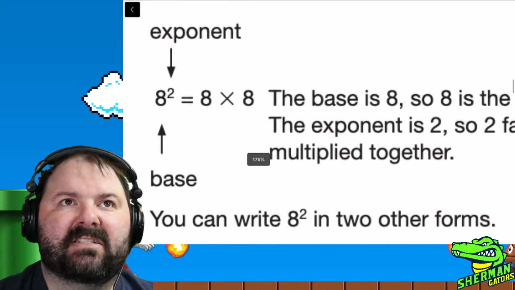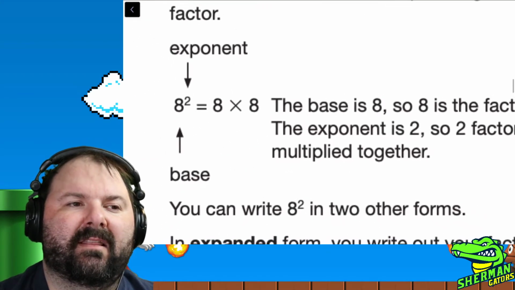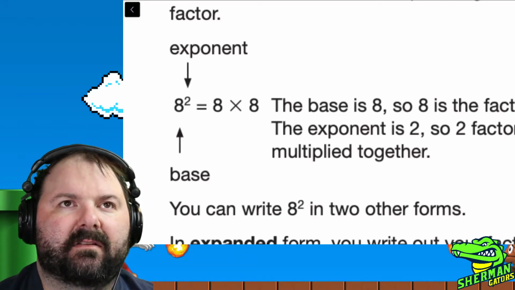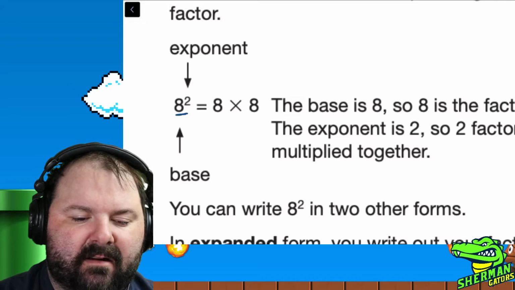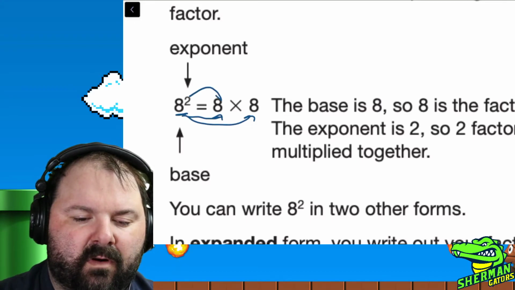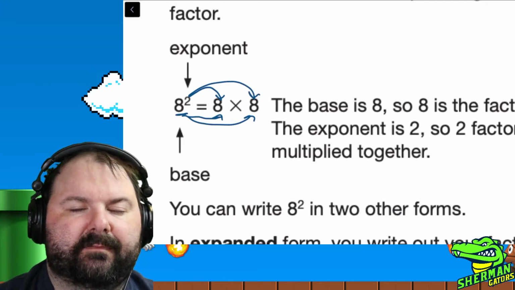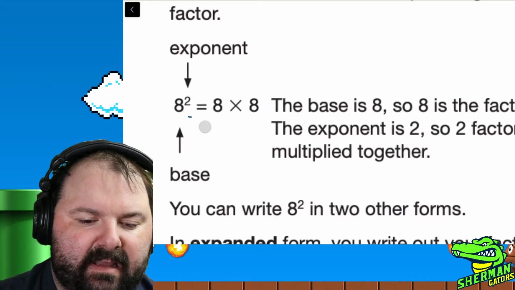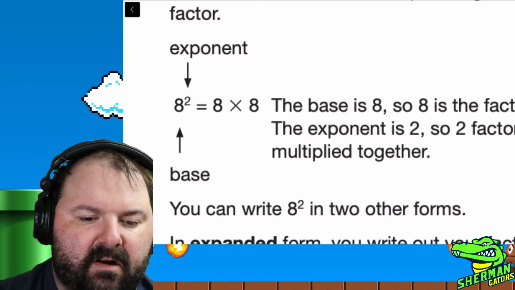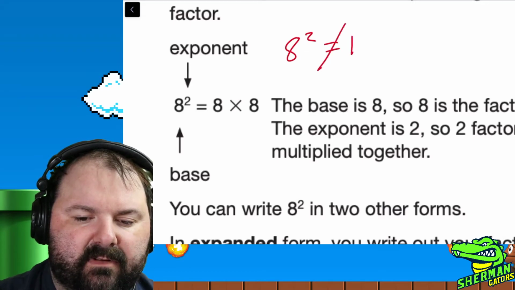So if we have 8 squared, that's 8 to the little 2, 8 squared. That is 8 times 8. So 8 squared is 8 times 8. That's what this 2 means. This does not mean, and I've said it over and over again, 8 squared does not equal 16.